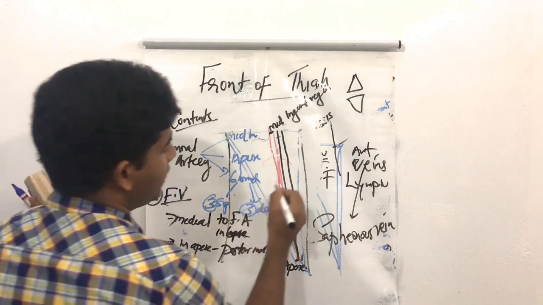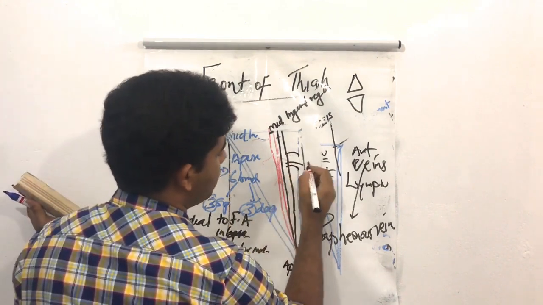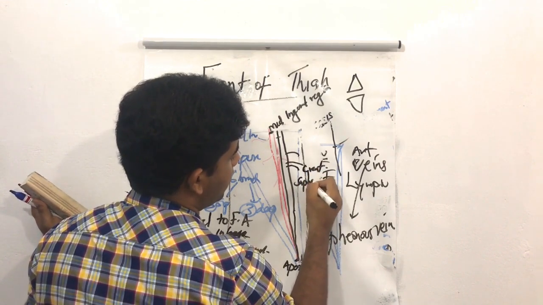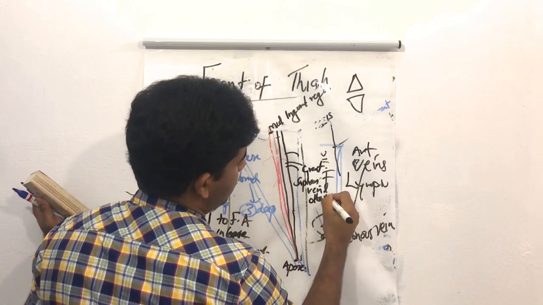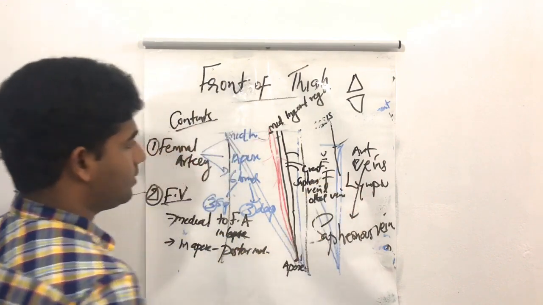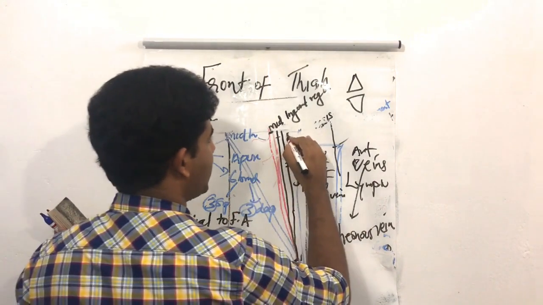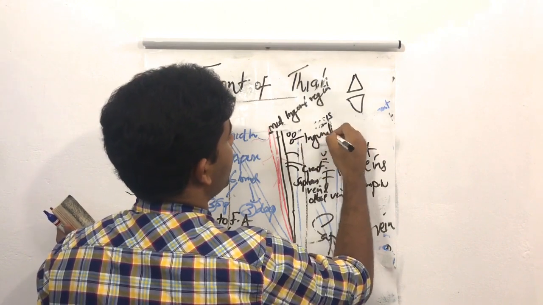This femoral vein receives the greater saphenous vein and other veins. Clear? Okay. Then here we have the superficial inguinal lymph nodes.